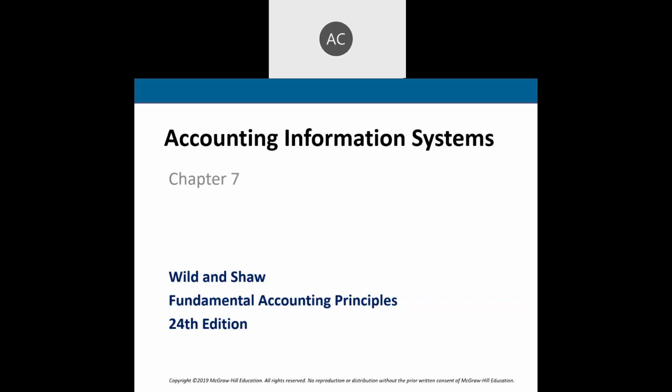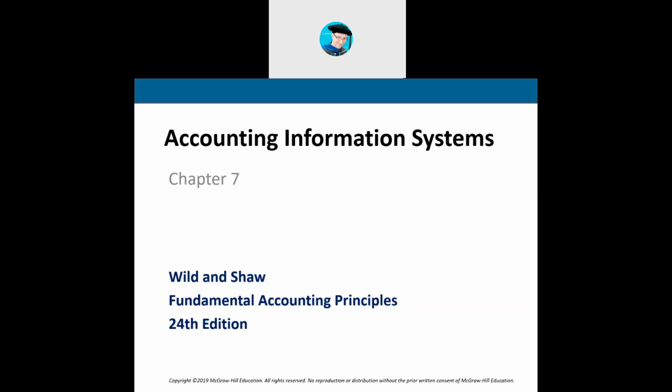The way to think of a system is a way that we organize information. That's a system. And how do we do that in modern day? Obviously, we use technology. We use software. A system is a way that we organize information.